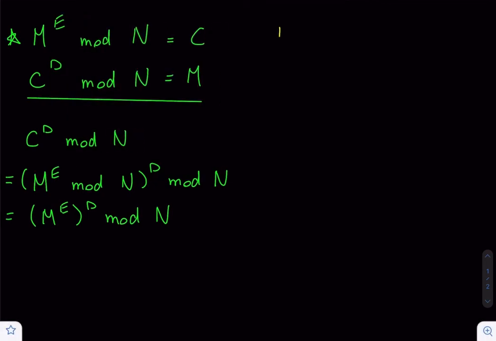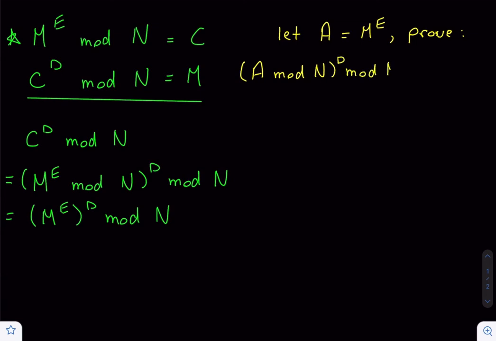So that is, letting a be equal to m to the e, prove that a mod n all raised to the d power mod n is equal to a to the d mod n.